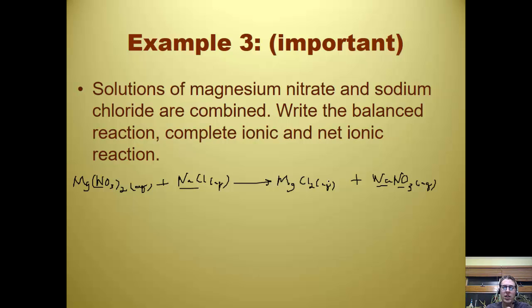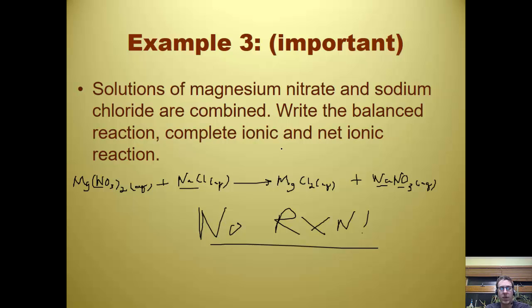We made no actual reaction here. So you can just write no reaction. And there is no ionic equation, and there is no net ionic reaction because there is no reaction. And I hope that's helpful.